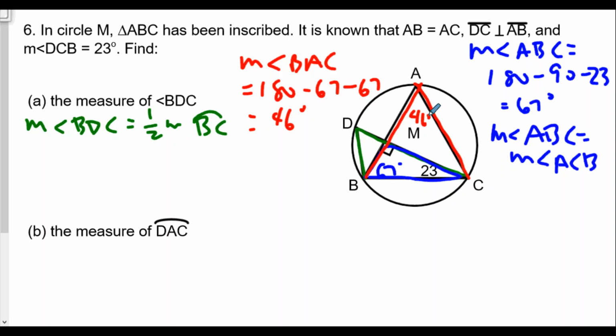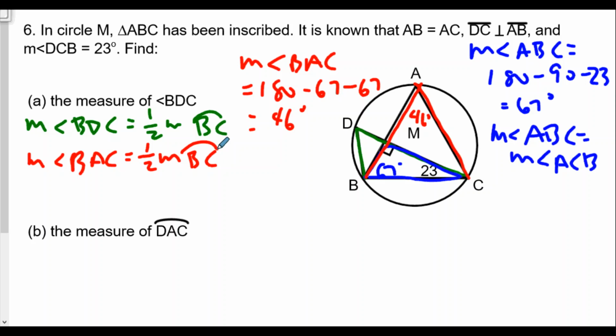So we can now find the measure of arc BC, because angle BAC is an inscribed angle, and therefore is also equal to half the measure of arc BC. Well, that's strange, because that's the same exact measure.